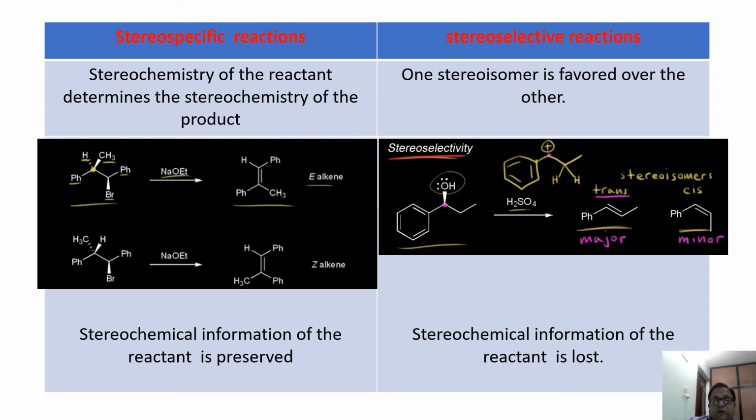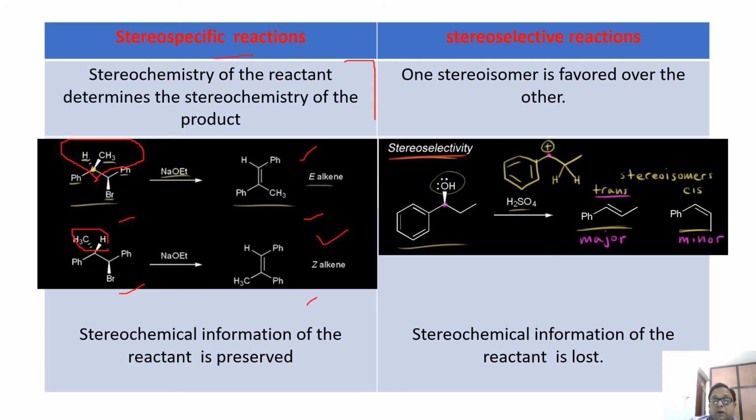So overall, now we can summarize the stereoselective and stereospecific reactions. In a stereospecific reaction, the stereochemistry of the reactant determines the stereochemistry of the product. The example is in front of you. The stereospecific position of the reactant is determining what product we are going to obtain.